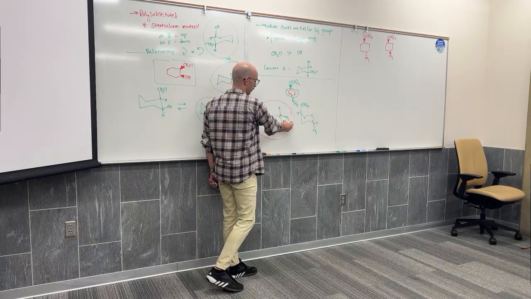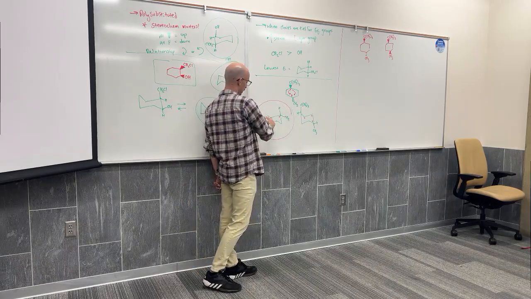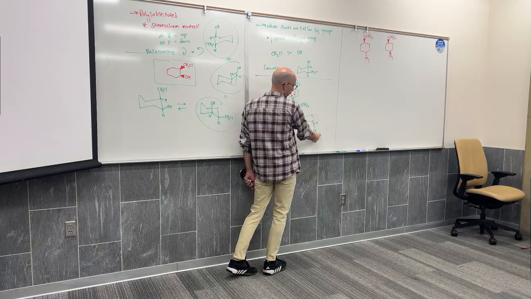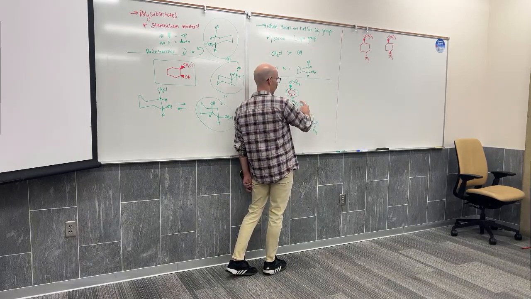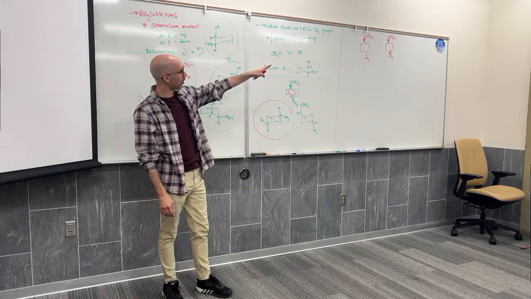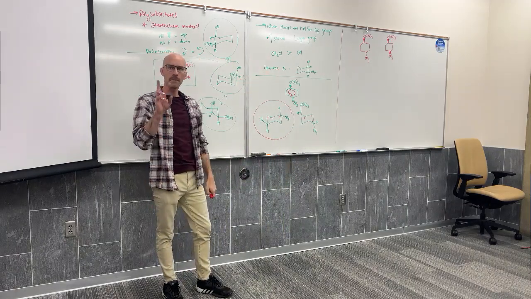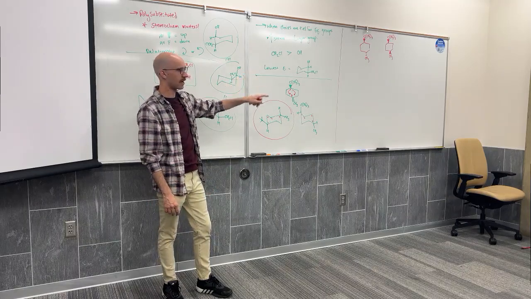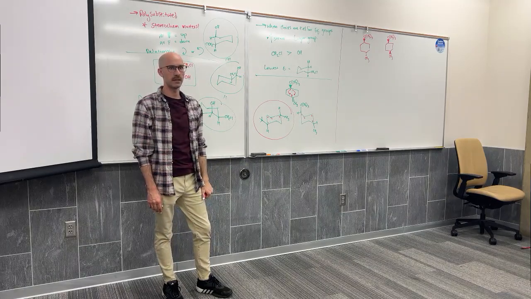Here's a down methyl, but if that's up, now I've got 1 equatorial, 1 axial. Here's a down methyl, but if that's up, I've got 1 axial, 1 equatorial. Those are different molecules, just by changing the fact that the methyl group is dashed or wedged.